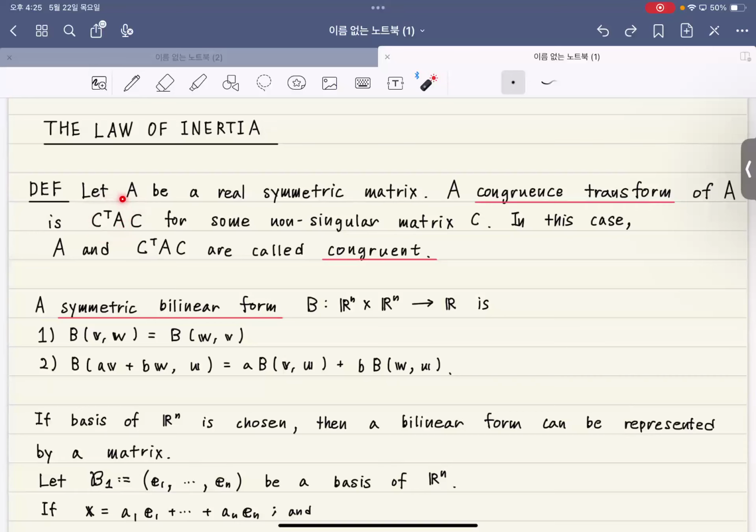And you also have to notice that if A is real and symmetric, then C^T A C is again real and symmetric, right? So this notion of the congruence transformation is working not in the world of every matrix, but in the world of real and symmetric matrices.